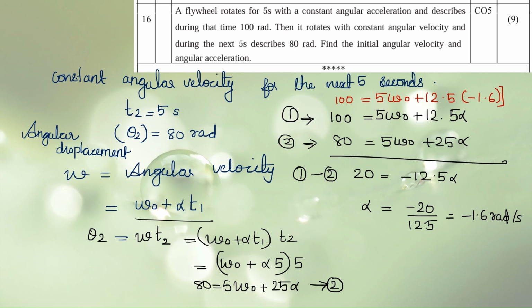Okay, if you solve this, you will get 5 omega 0 minus 20 is equal to 100, and 5 omega 0 is equal to 120, and omega 0 is equal to 120 divided by 5, that is equal to 24 radians per second. Okay, this is my answer.